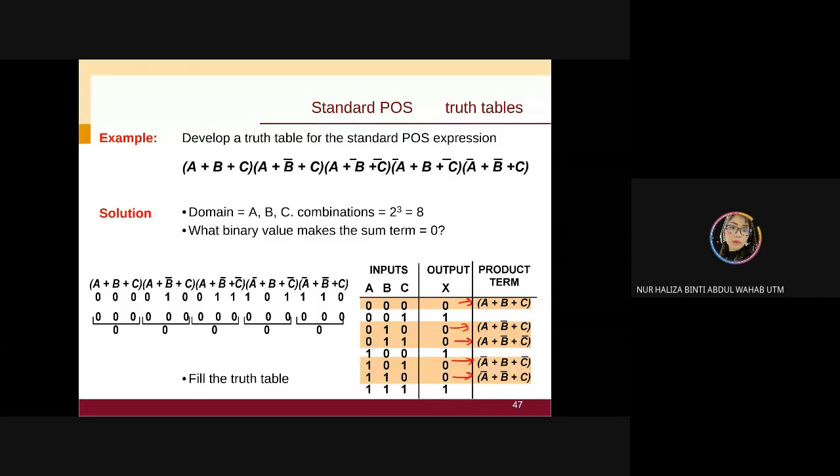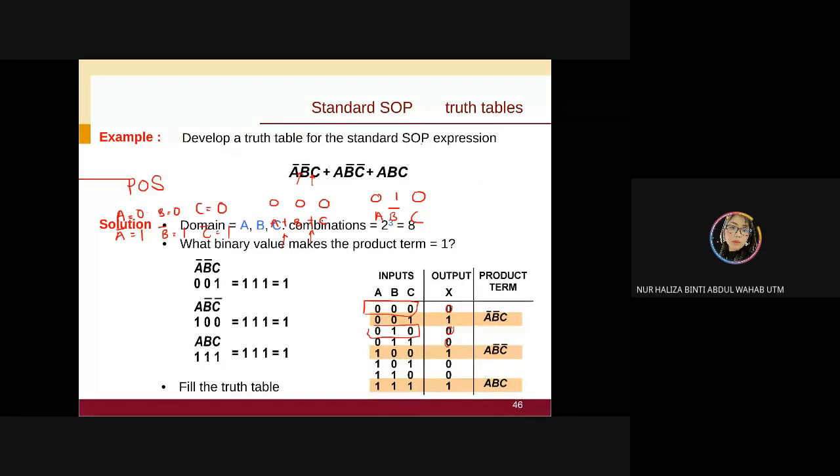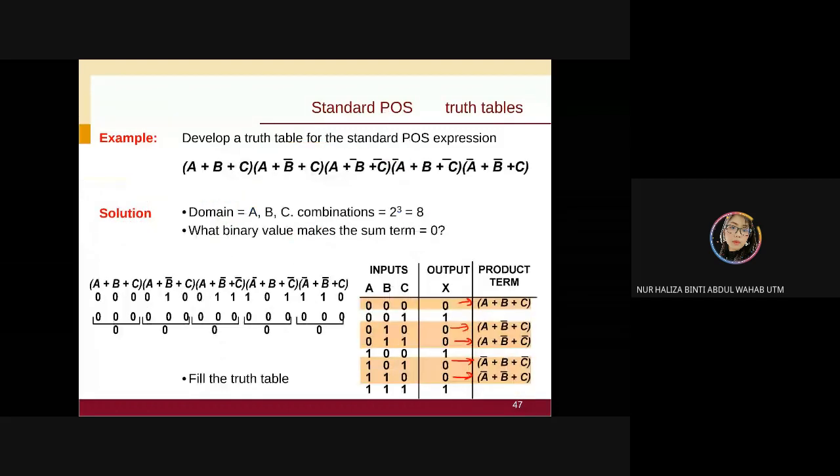So this is how basically you can get the truth table from your SOP. And if you were given the POS, how can you draw the truth table and get the SOP.